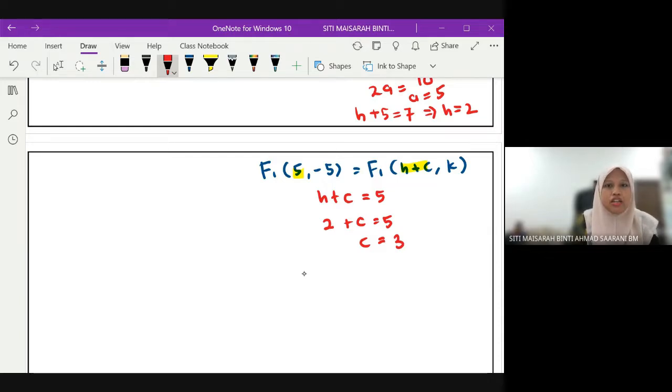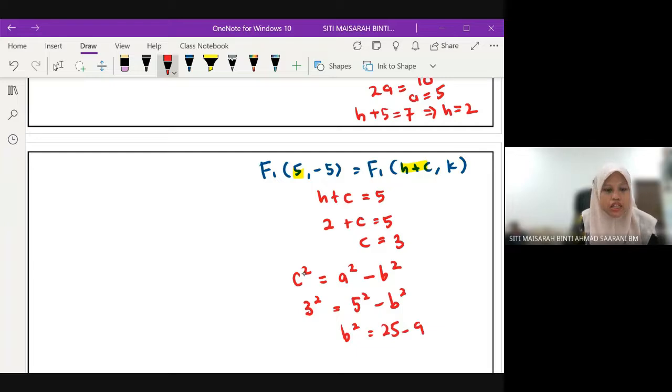So then kita boleh guna C square sama dengan, kita dah tahu dia A lebih besar pada B, so jadi A square tolak B square. So 3 square sama dengan A square tadi. A tadi kita dapat 5, 5 square lah, 25. 5 square minus B square. So then B square is equal to 25 minus 9 is equal to 16.